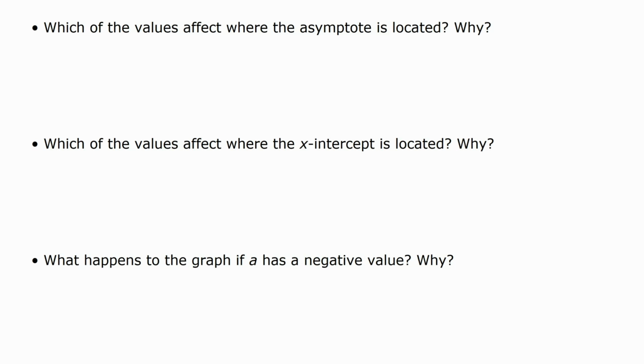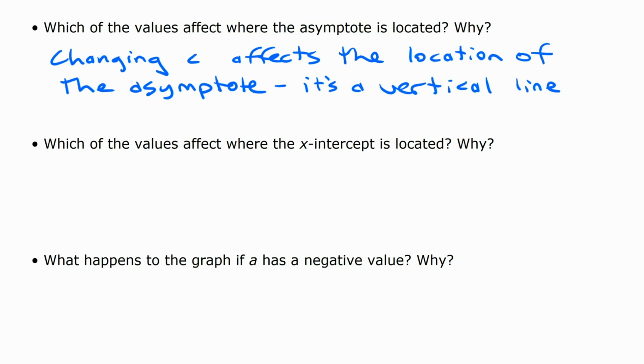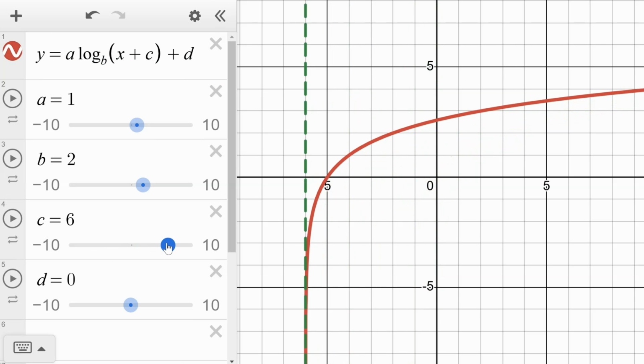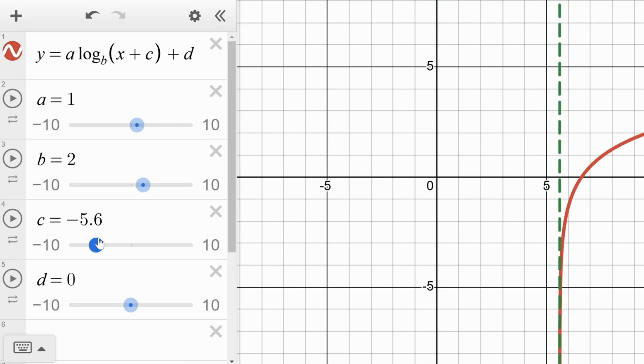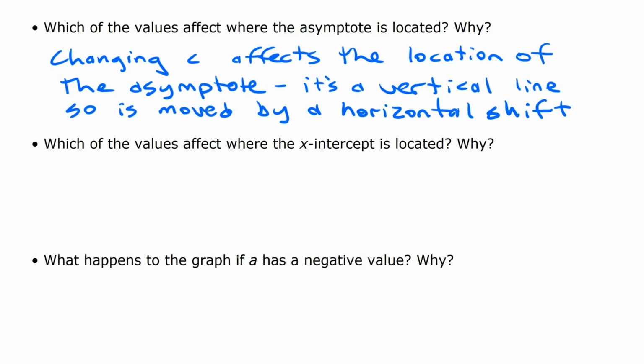Before we're done here, we're going to look at just a few last things. First of which is which of the values affect where the asymptote is located. The value of c is the value that affects where the asymptote is, because the asymptote is a vertical line, and so a horizontal shift, which is what the value of c does, is what changes where that line is.